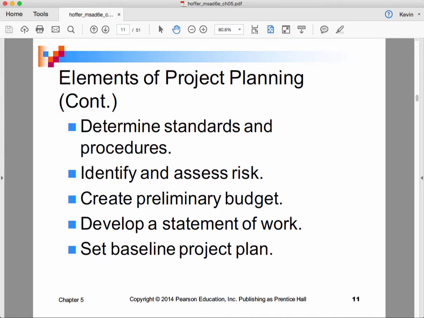Okay, so that's a lot of stuff, and that's all from the traditional waterfall-oriented kind of school. Okay, what would the agile equivalent be?